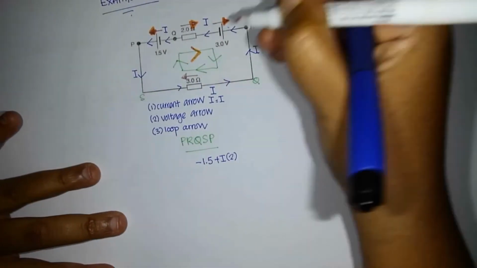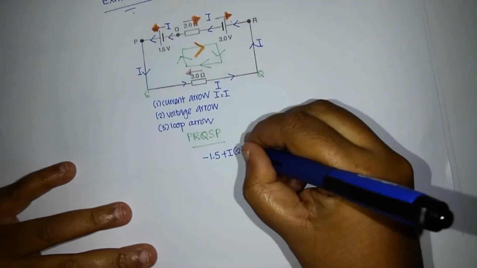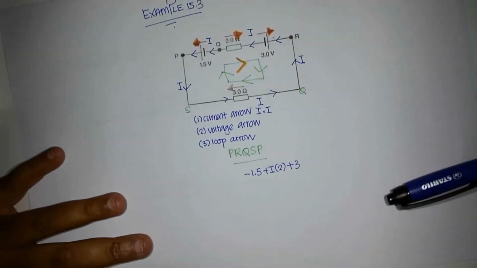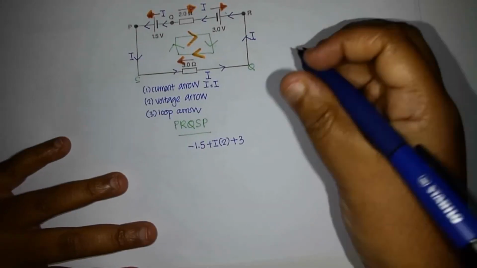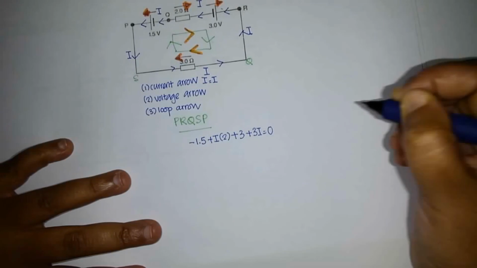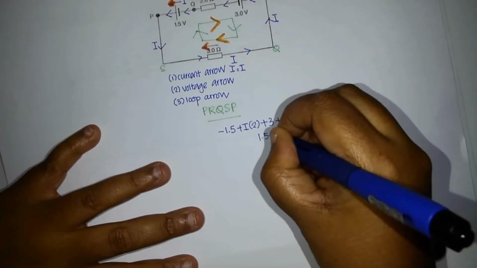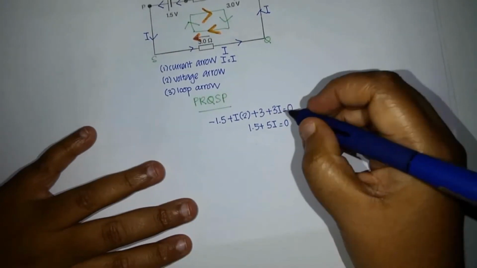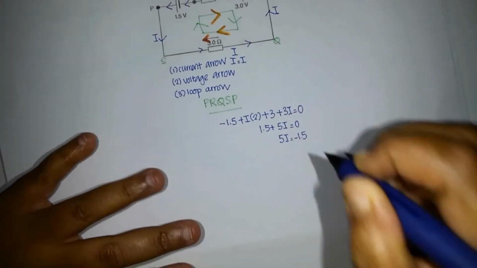Direction is the same for this one, so plus 3. And here, the direction is also the same as the loop arrow, so plus 3I equals 0. So I get 1.5 plus 5I equals 0, so 5I equals negative 1.5.